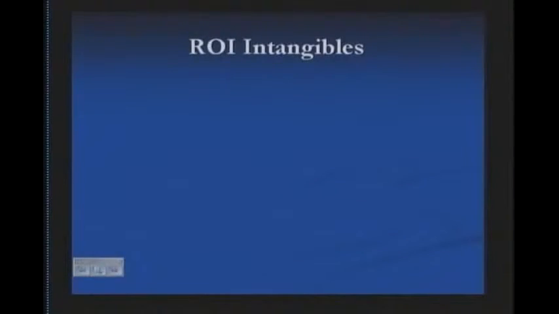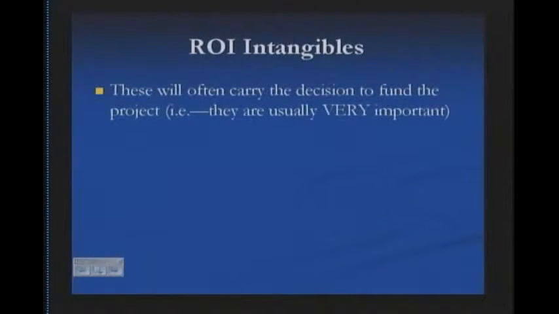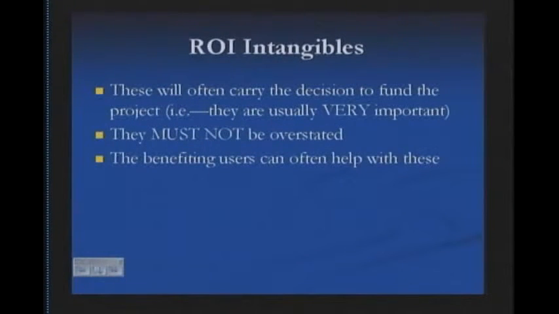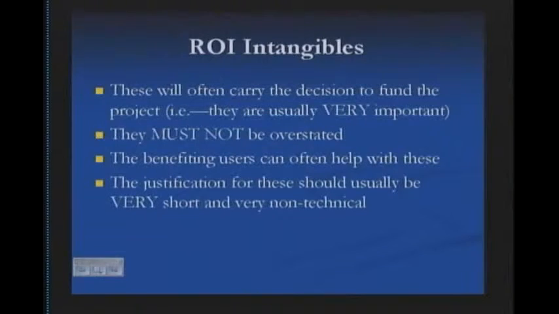Now we get to the intangibles. Unfortunately for us in the IT world, oftentimes it's the intangibles that carry the decision to fund the project. What that means is usually the benefiting users can often help. As we said with tangible benefits, that will be true with intangible benefits.